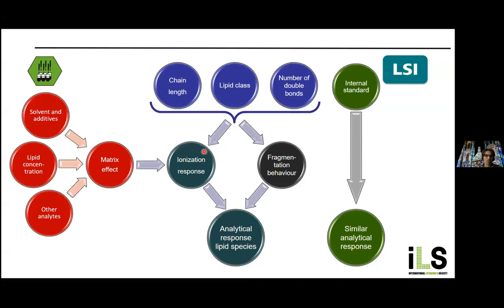And you can imagine this internal standard can only behave similarly if it's co-ionized. This is already some kind of hint to our big question. If this internal standard is not in the same droplet, it cannot compensate for these effects. That is what we should keep in mind.